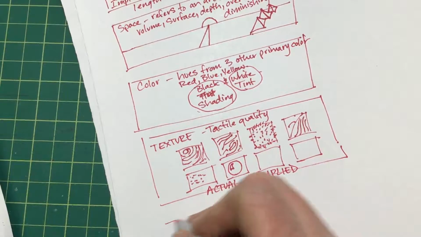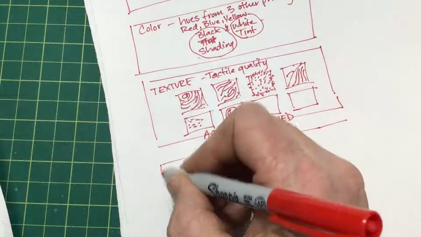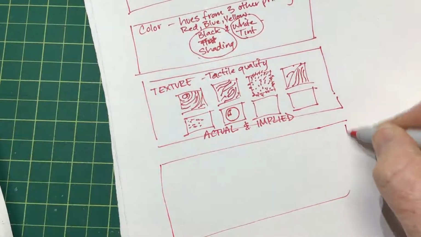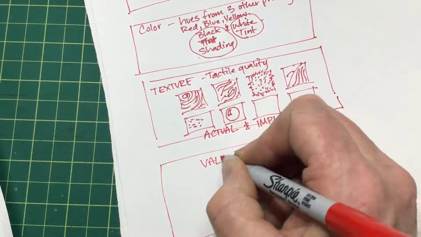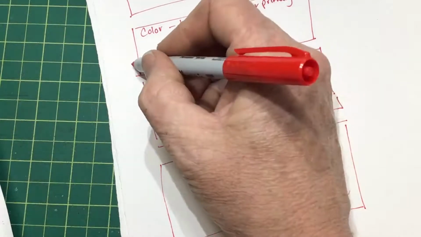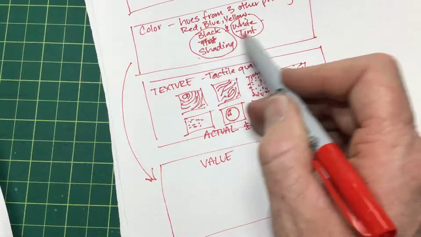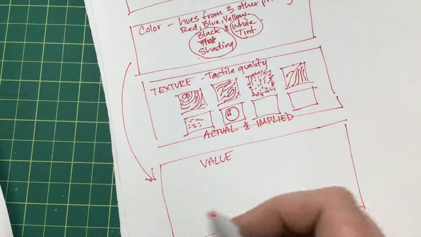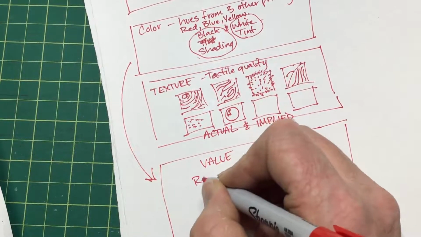And then there's the last one that I want to introduce to you today, and that is value. So value has a lot to do with color, because it's black and white shading or tinting of color. So value is basically relative lightness.